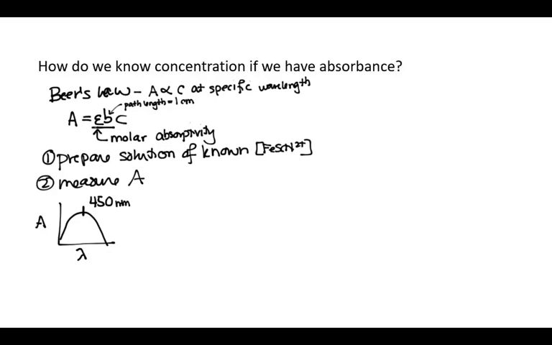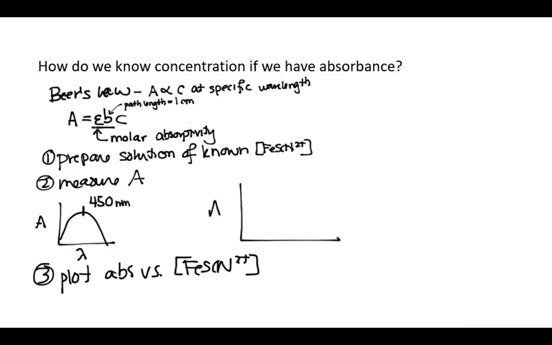And so when we have measured the absorbance at 450 nanometers, we can plot the absorbance versus the known iron thiocyanate concentration. We'll make another graph where we have absorbance at 450 on one axis and concentration of FeSCN2+ on the other axis, and you'll plot your points and fit a line using linear regression.